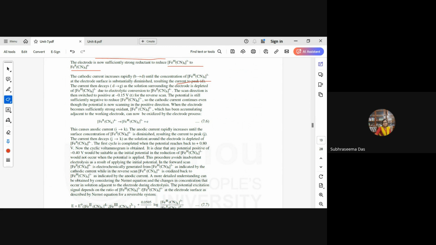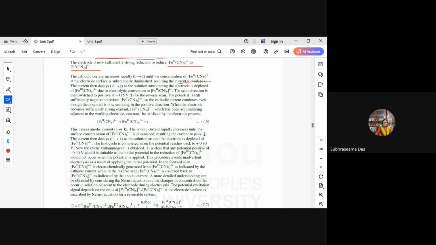the anodic current. The anodic current increases rapidly until all the Fe(CN)6 4- is oxidized, resulting in the current peak. Now the current decays as the solution around the electrode is depleted of Fe(CN)6 4-.